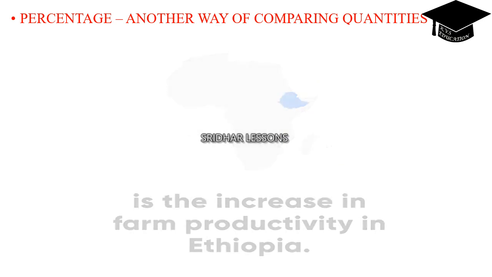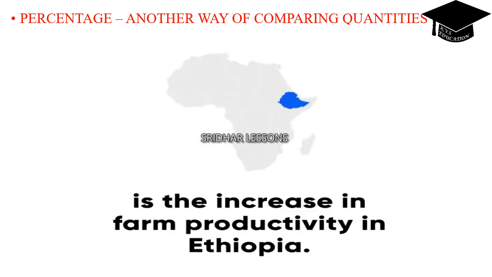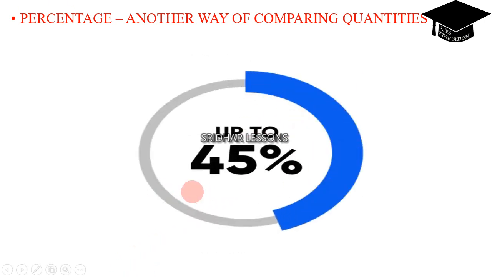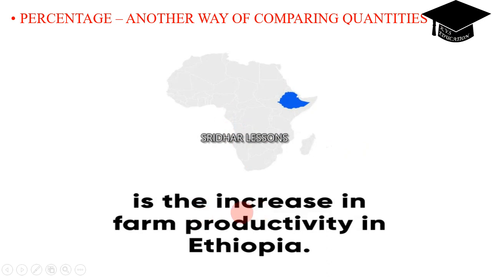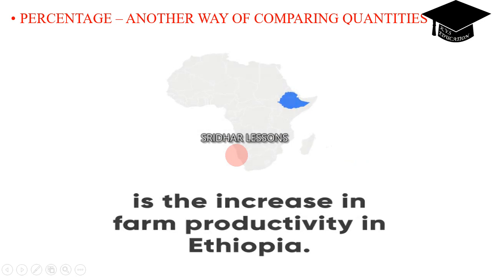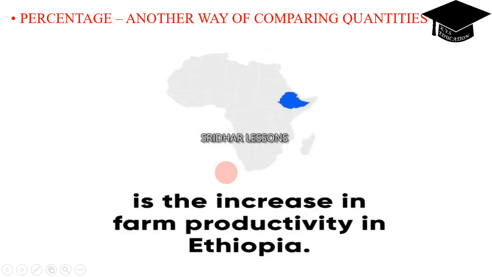This is the increase in farm productivity in Ethiopia. We have represented this data in terms of percentage, 45%.